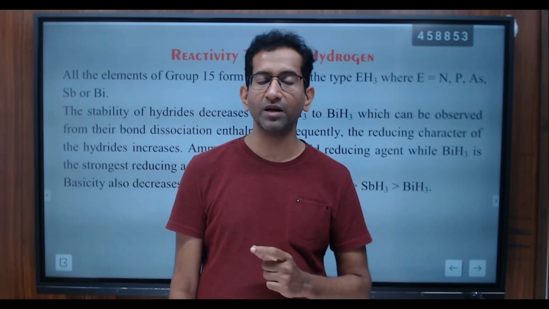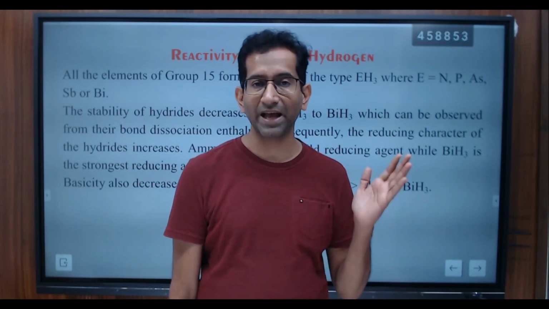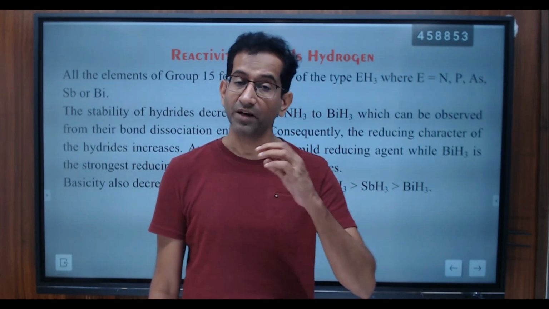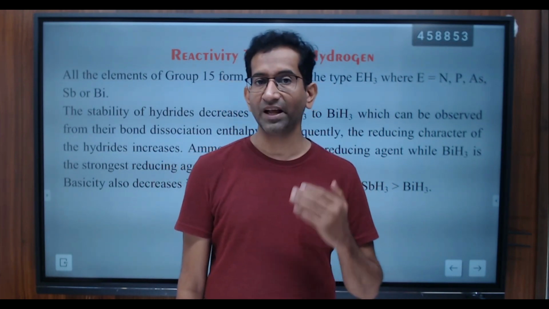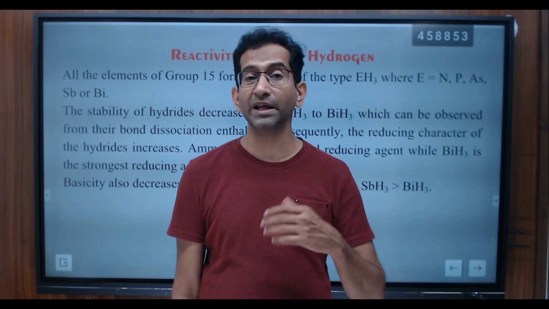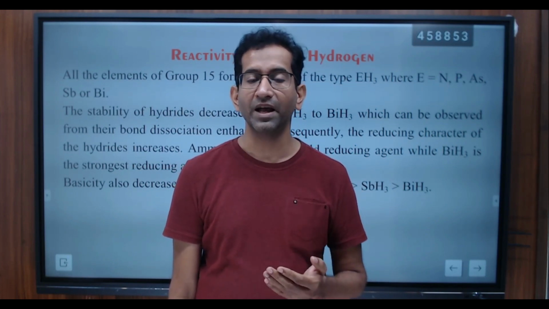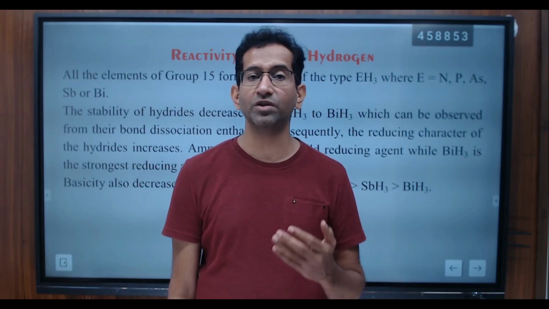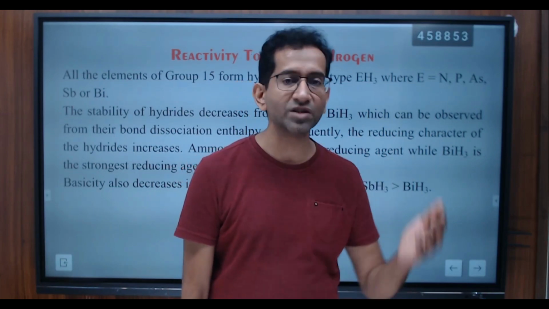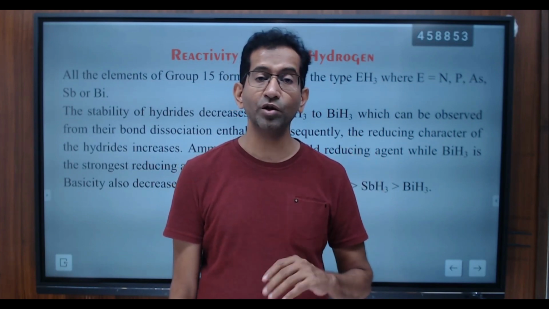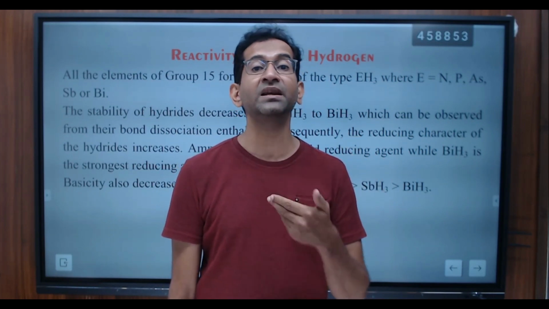So molecular stability is highest for NH3, and going down the group stability decreases. This indicates one more thing: if the BiH3 bond is broken easily, the hydrogen atom can be released easily, and that released hydrogen atom can carry out reduction of some other species easily. So going down the group, reducing agent property increases.